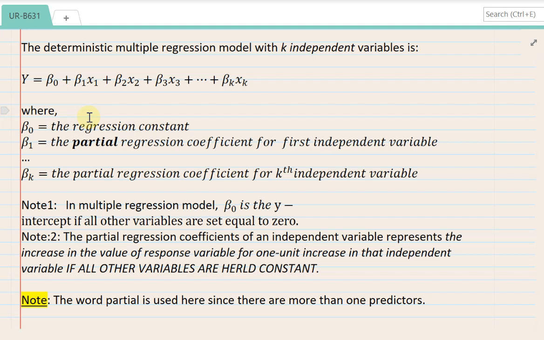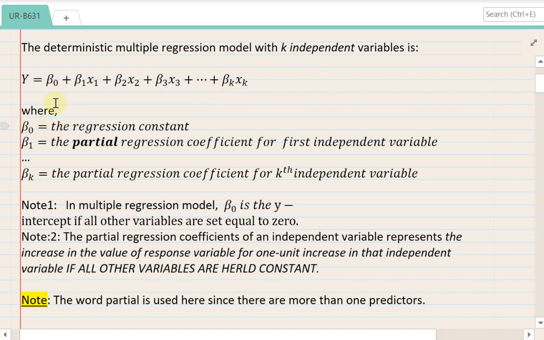So we can see the utility of that notation in a multiple regression model. So the betas here, other than beta 0, are beta 1, beta 2, beta 3, and beta sub k, assuming we have k independent variables. These are the coefficients, and more specifically, these are the partial coefficients for each of the independent variables.